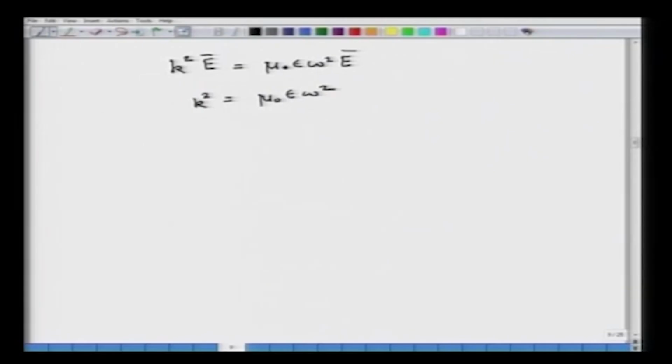Now, the dielectric constant of the material is also defined by the relative dielectric constant, and these are terminologies which you must have seen elsewhere. So, the dielectric constant of the material is also sometimes defined as epsilon r, which is basically epsilon over epsilon naught, where epsilon r is known as the relative dielectric constant.